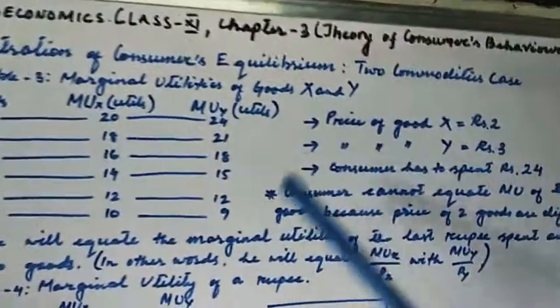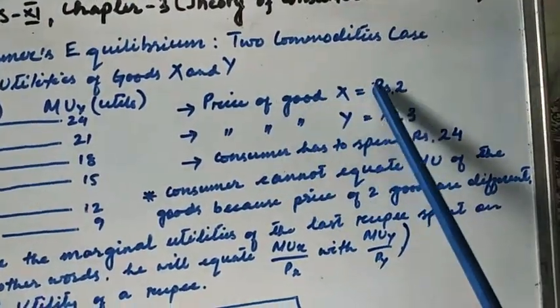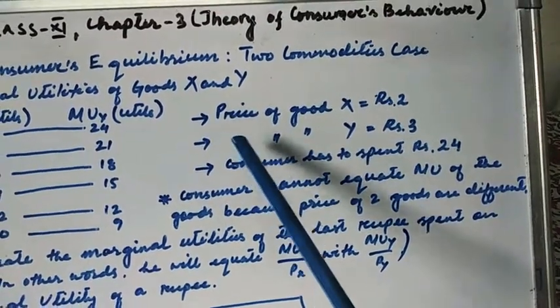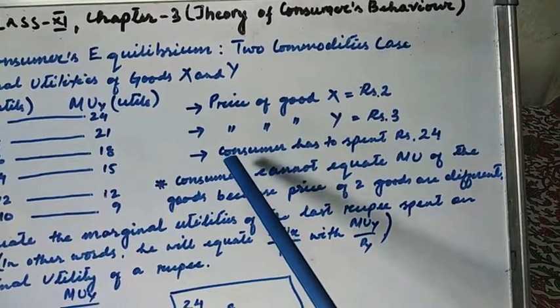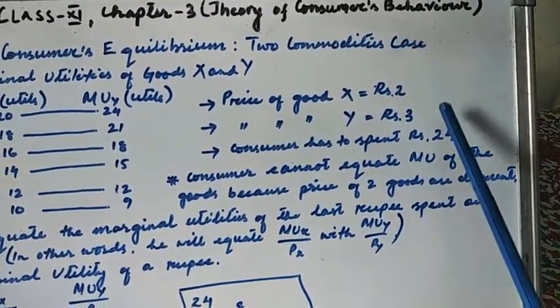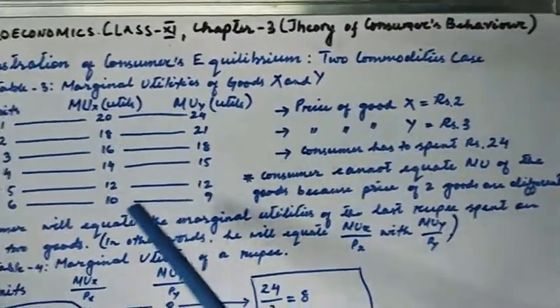Here we are assuming that the price of good X is rupees 2 and the price of good Y is rupees 3. Again, the consumer has to spend rupees 24. That is our assumption for this illustration.